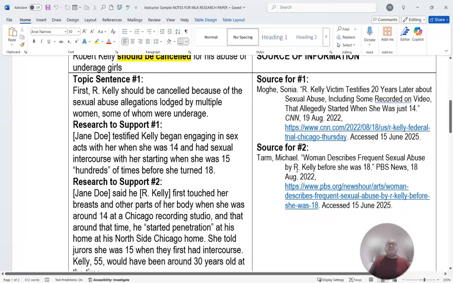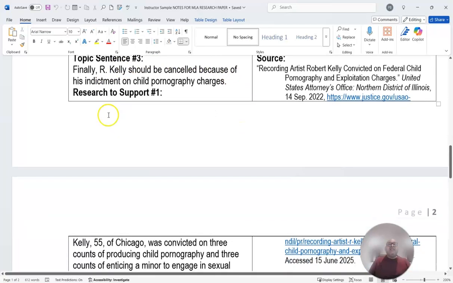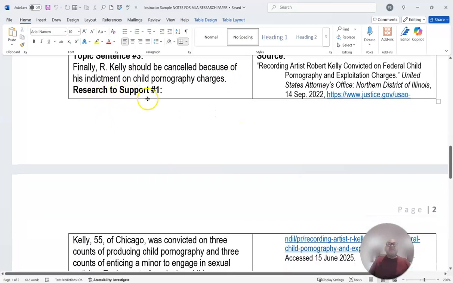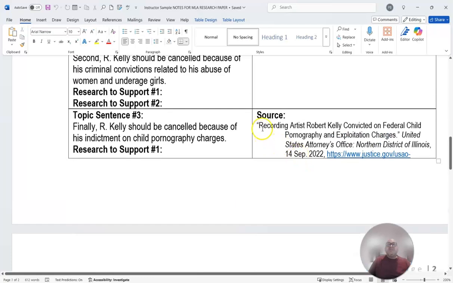Now, question. Do you have to take each support from two different sources? And the answer is no. Look down here at topic sentence number three. I took both my research points, support for number one and support for number two, from one source, which is here.